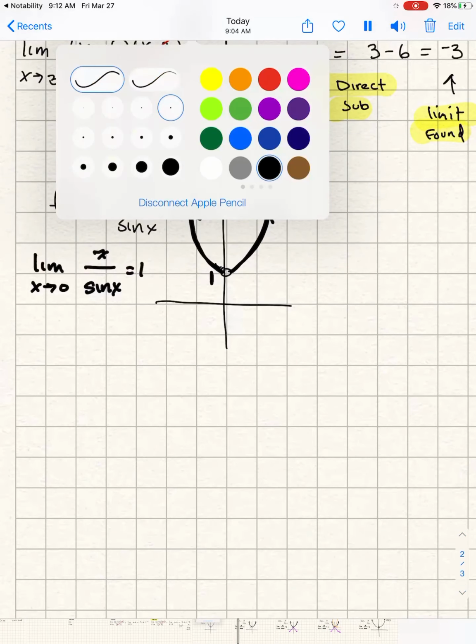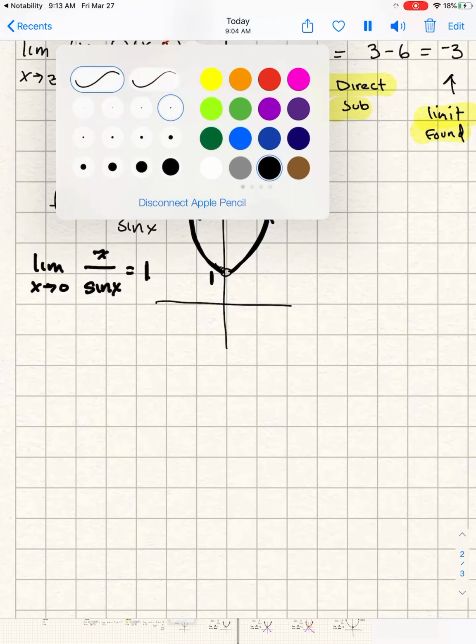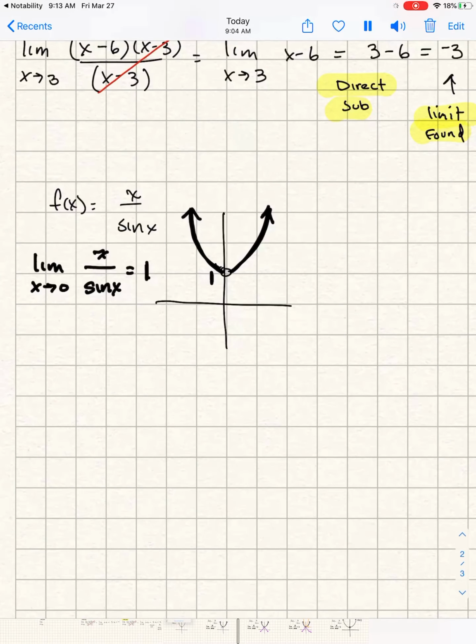But the squeeze theorem, what it does is, if you could pick two functions, one greater than it, one less than it, that both approach that same number. So let's make this purple one go like this.